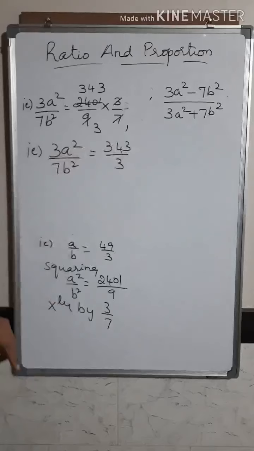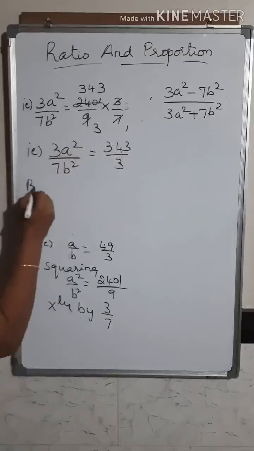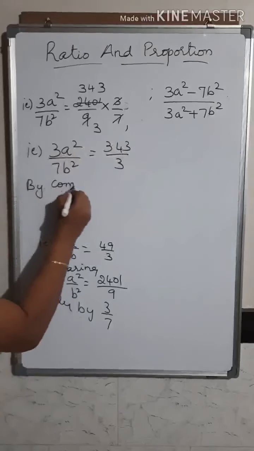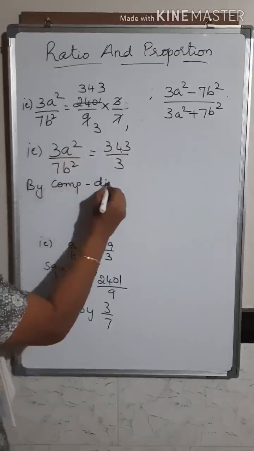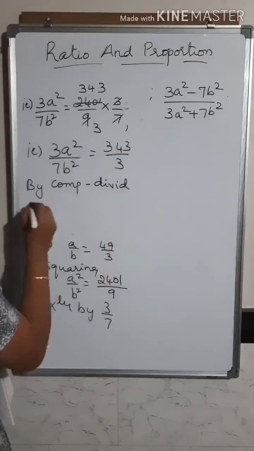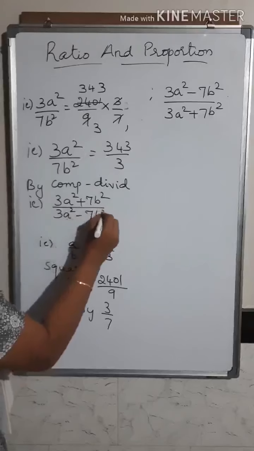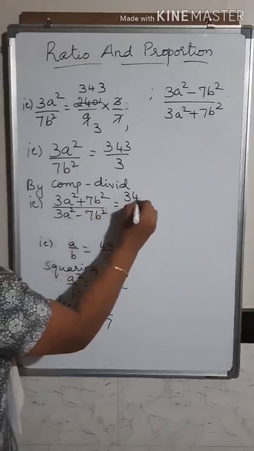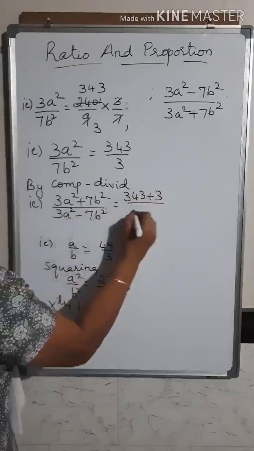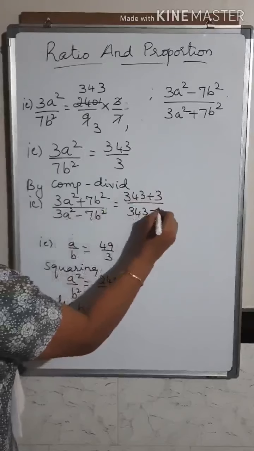Now next, to get this one, you have to use componendo dividendo. So by componendo dividendo, you get (3a square plus 7b square) upon (3a square minus 7b square) is equal to (343 plus 3) upon (343 minus 3).